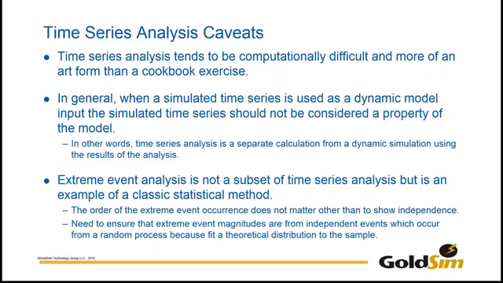The reason is that in that analysis you're basically going to fit a theoretical distribution to your sample, and once you're fitting a theoretical distribution, they need to be independent random events. So extreme event analysis is a separate thing. It's often thought of as time series analysis just because it involves time, but it's not really.